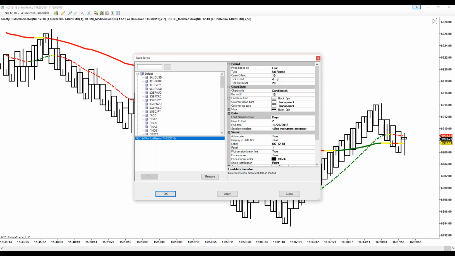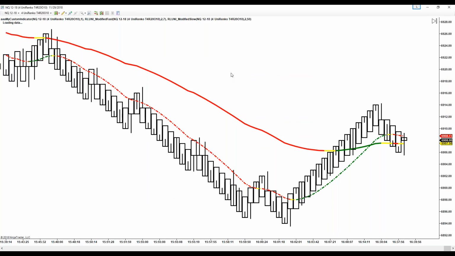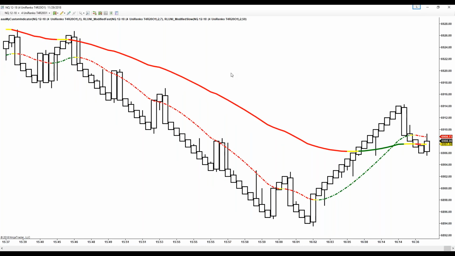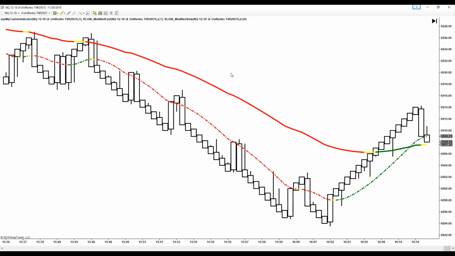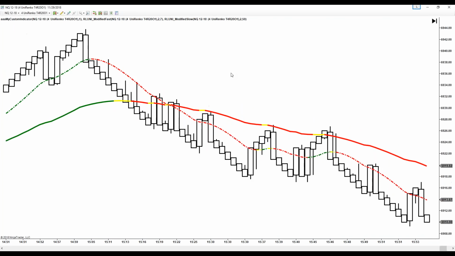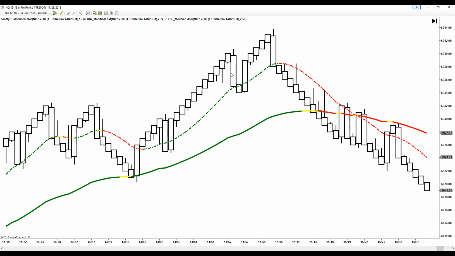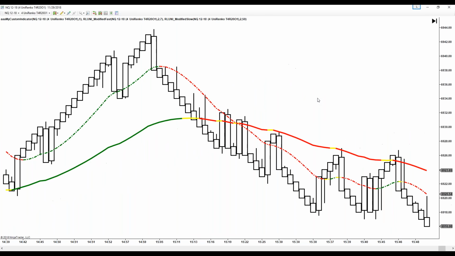But I'll show you this. If you remove the open offset and move it to 1, you eliminate the candle body. And now you don't need the hybrid candles, because with no candle body, you're going to see every wick that's greater than 2 ticks automatically.